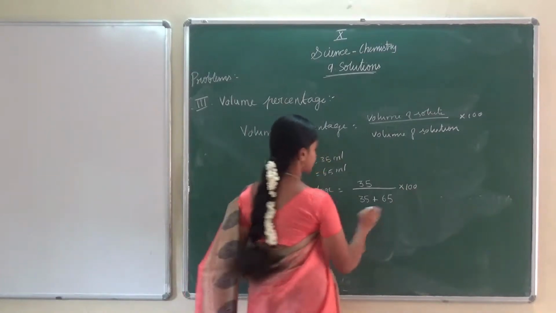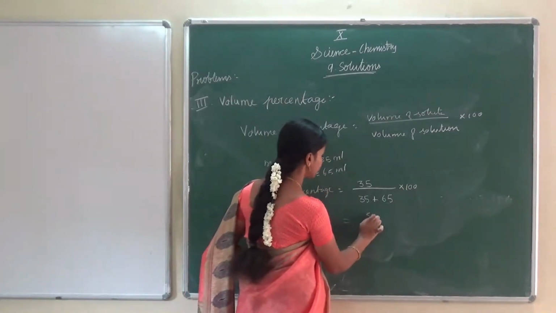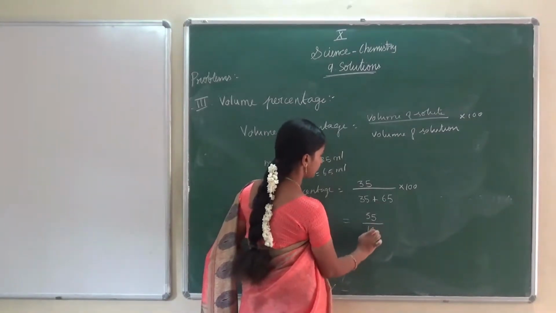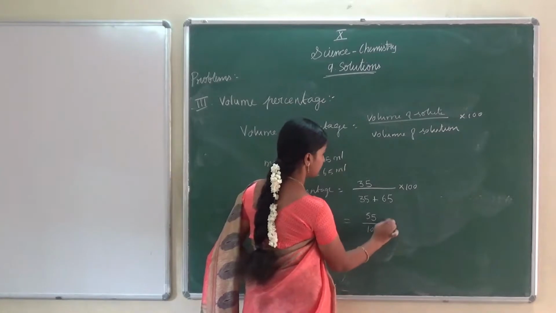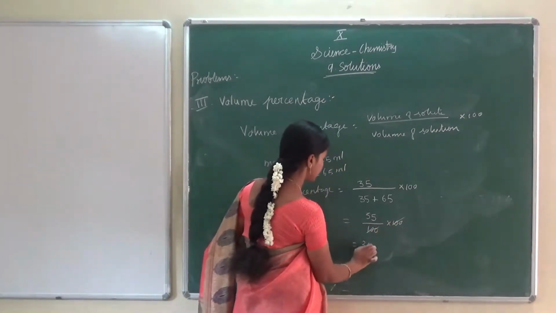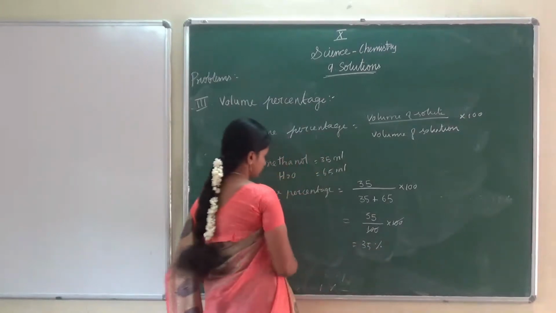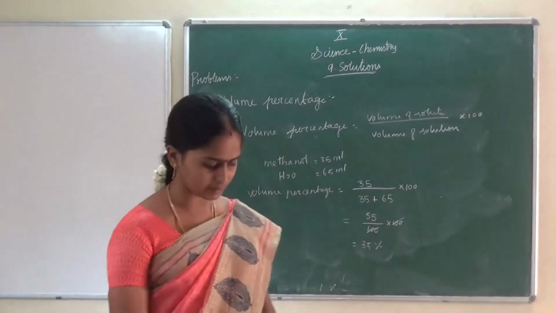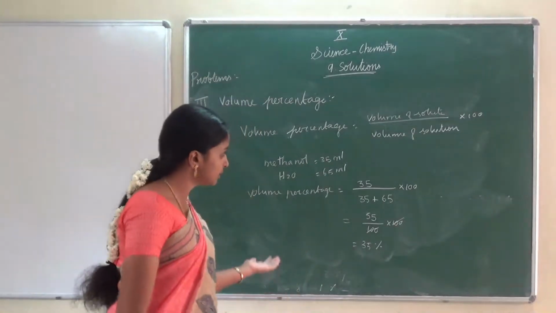So the next step: 35 divided by, when you add this you will get 100, into 100. So you will get 35%. So the volume percentage here is 35%. Very simple. Just copy down.